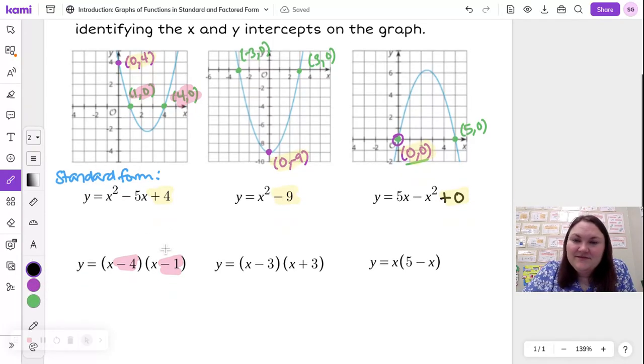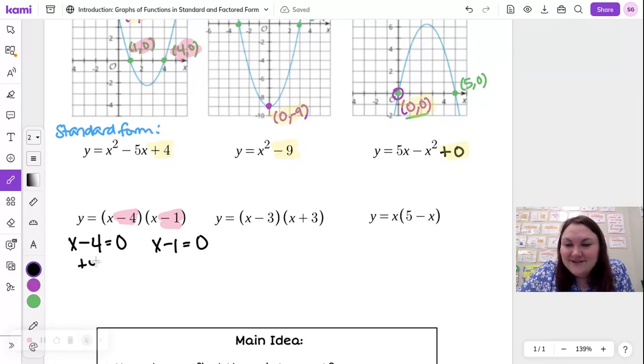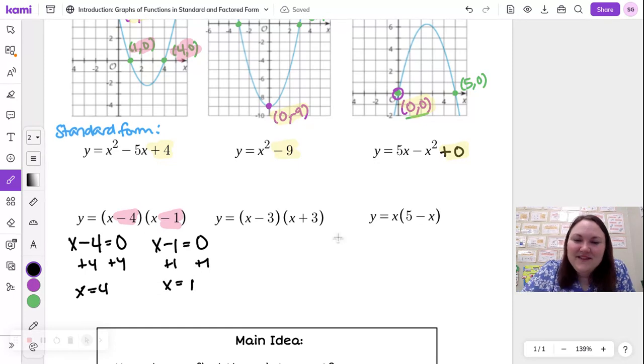For example, if I have x minus 4 and x minus 1, notice that the y coordinate is 0. We would want to solve x minus 4 equals 0 and x minus 1 equals 0 to help us find where those x-intercepts are. And if you do that, you add 4 on both sides and you add 1 on both sides, and you get those x coordinates we see on this graph.